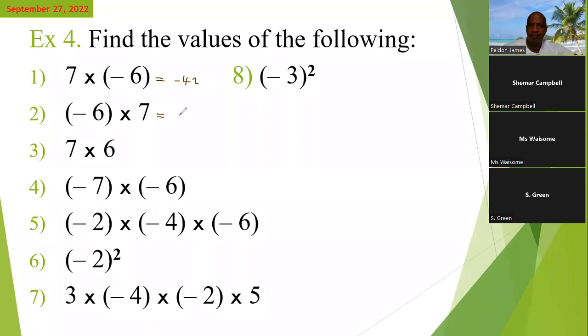Answer. I believe it's still negative 42. Question 3. Positive 42. Question 4.